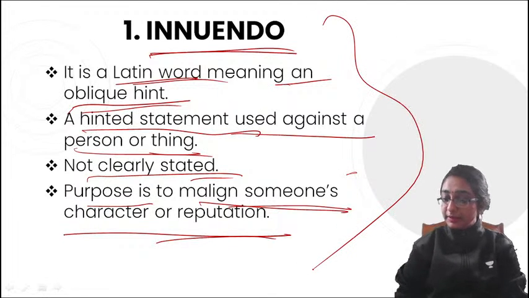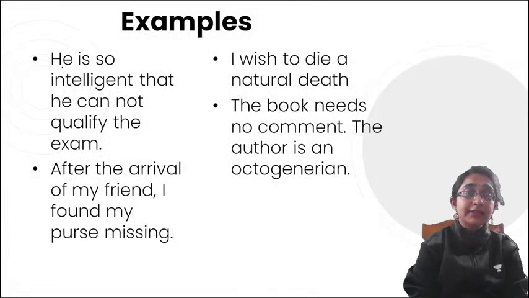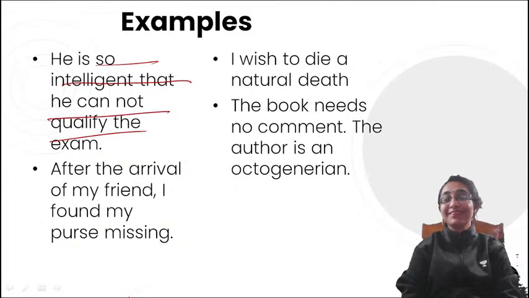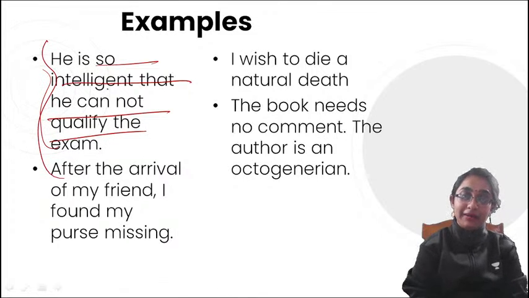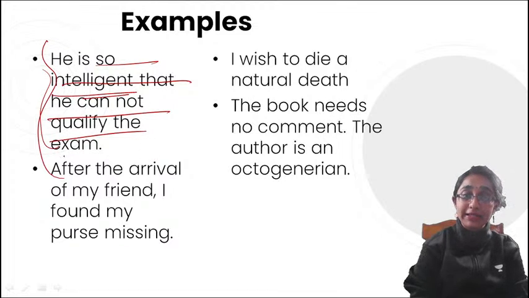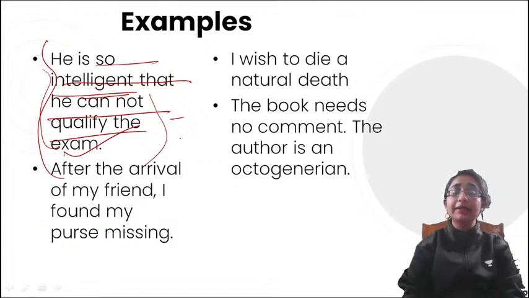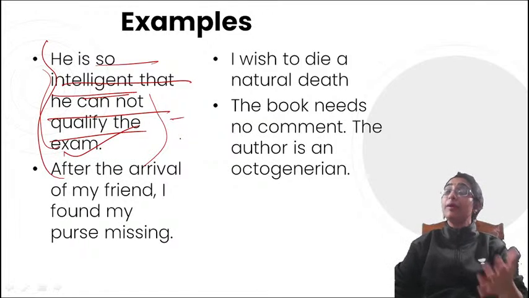I will give you some examples. For example, he is so intelligent that he cannot qualify the exam. This is an example of innuendo. Why? I am saying that he is so intelligent, but he cannot qualify the exam. So it becomes very clear that he is not at all intelligent, right? But I am saying it in such a way that the person will be hurt.